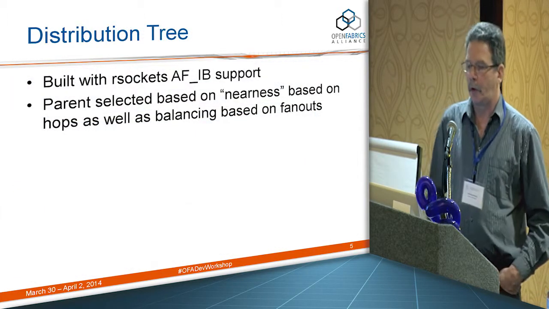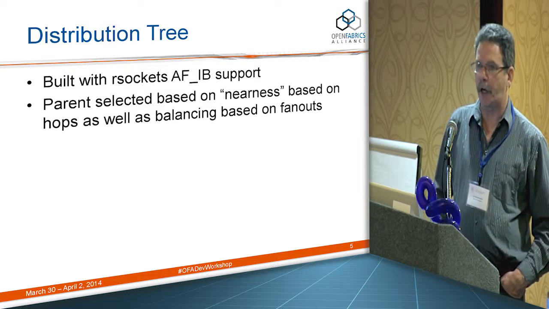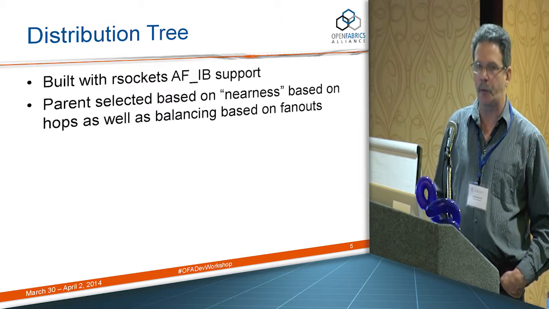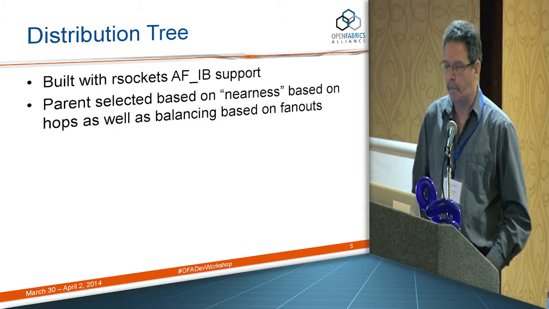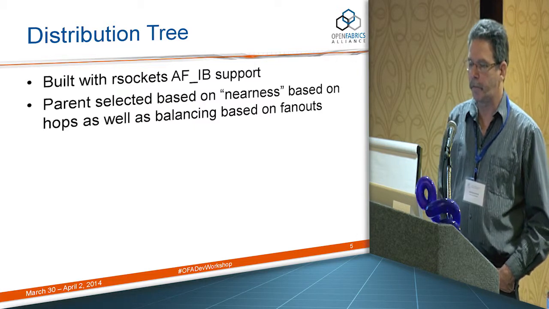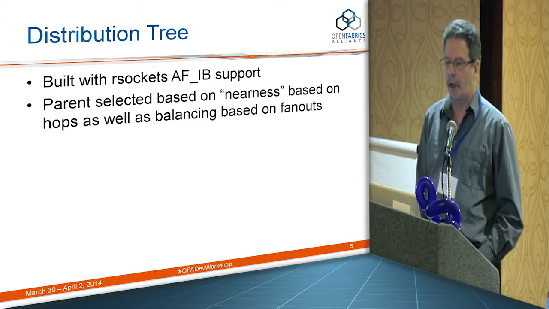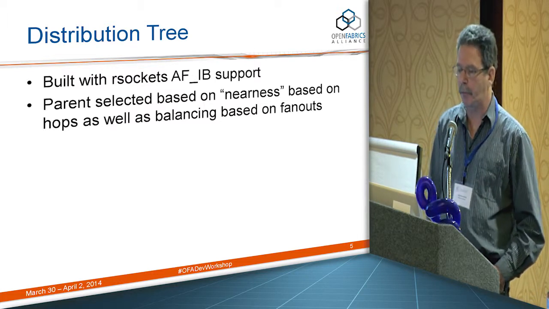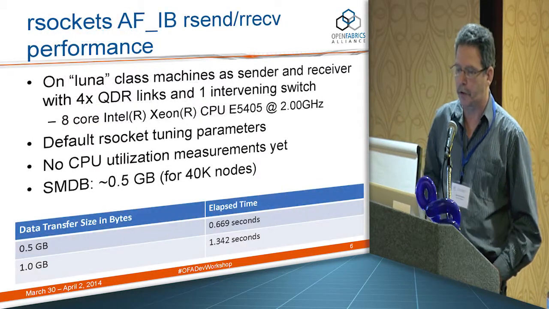Okay, so we built the distribution tree out of RSocket's AFIB support. AFIB went into the kernel, I don't know, last April, last May. There's tree building code here. The parents are selected on some nearness criteria based on hops, and some balancing based on the fan outs at the different layers.